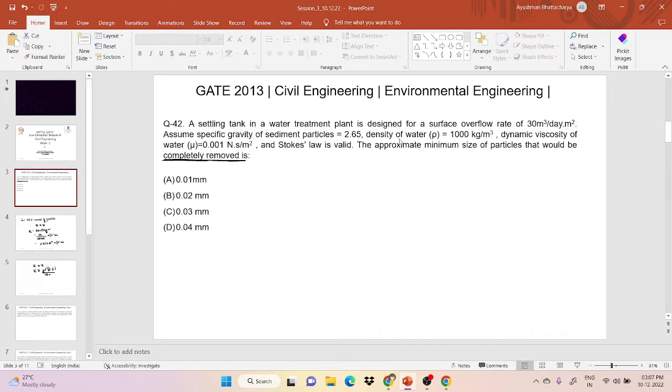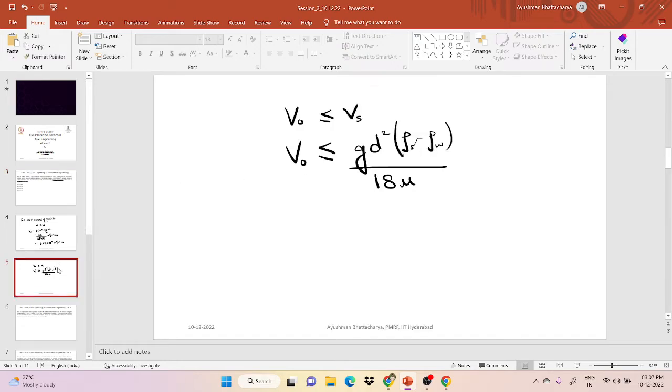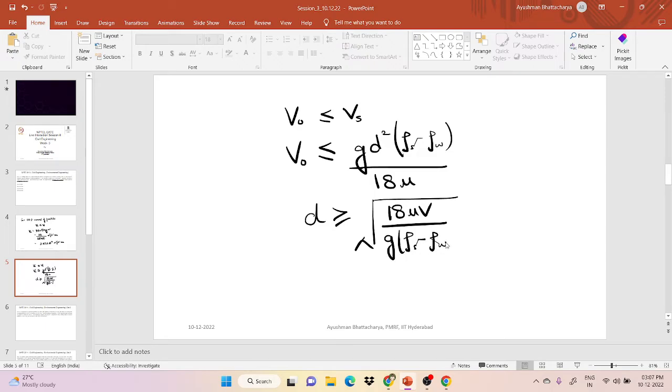The question is asking about the approximate minimum size of particle, so we have to calculate the diameter. If we rearrange this equation, d will be equal to the square root of 18 mu v by g times rho s minus rho w.